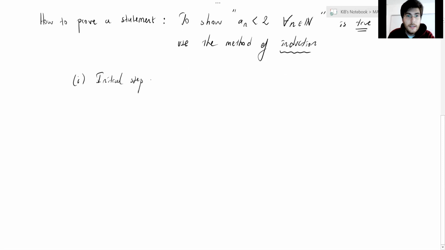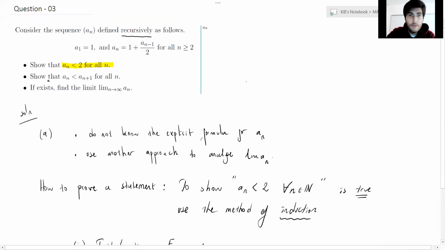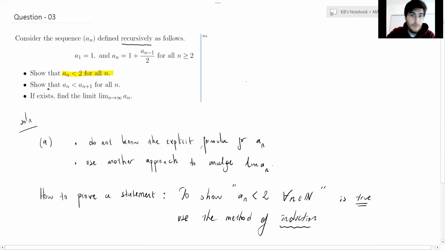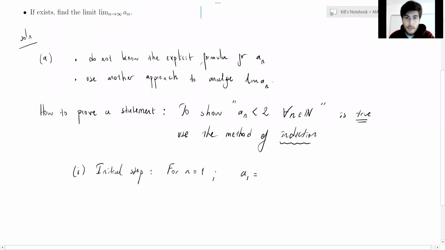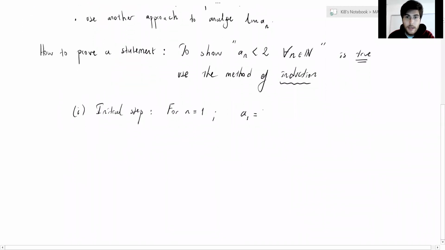What is the meaning? Just check the first possible case in your statement, which means n equals 1. So let's check whether the given statement is true for n equals 1. For n equals 1, a1 is given, which is 1.